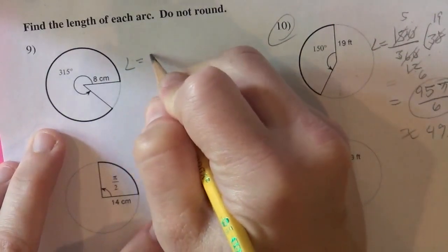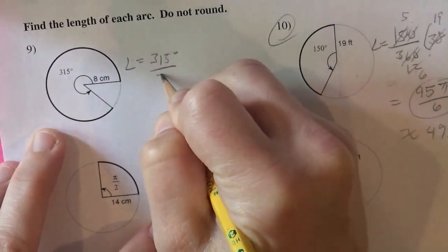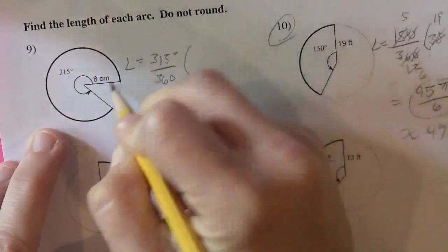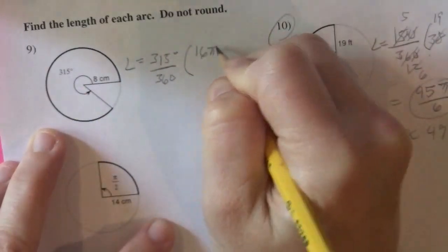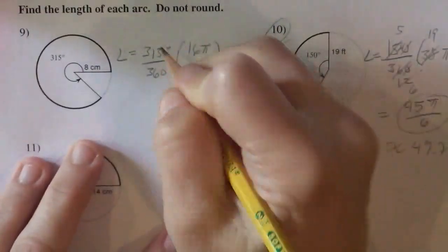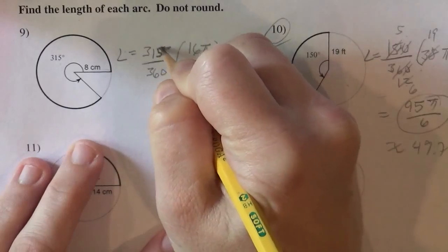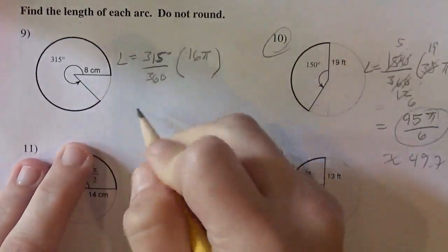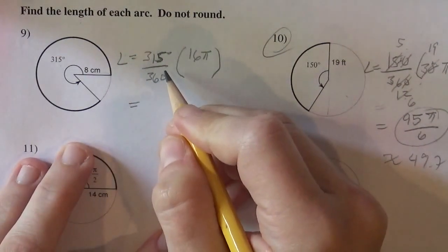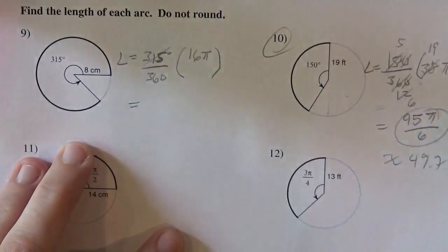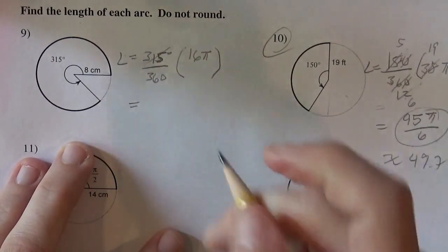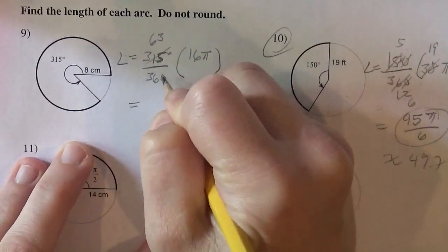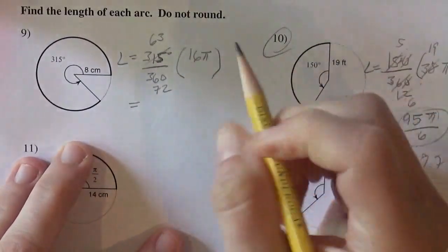So my arc length is going to be 315 degrees out of the full 360, that fraction of 16 pi. Just start breaking this down. If I simplify this fraction, I can divide them both certainly by 5. 315 divided by 5, I'm lazy today. This is 63. This is 72.